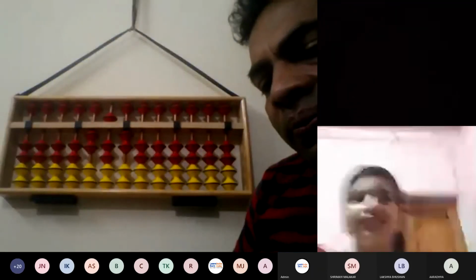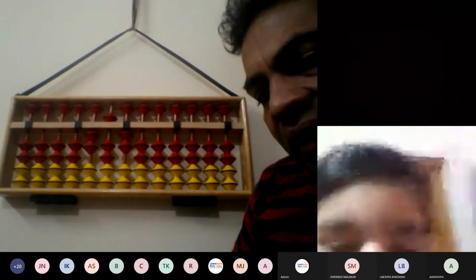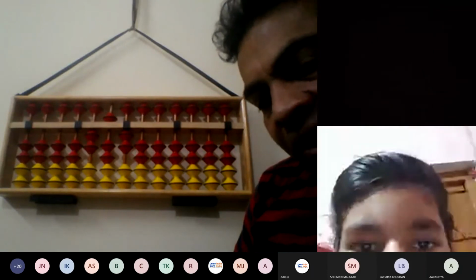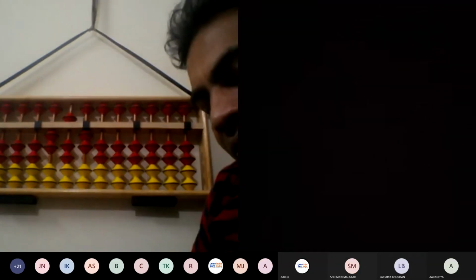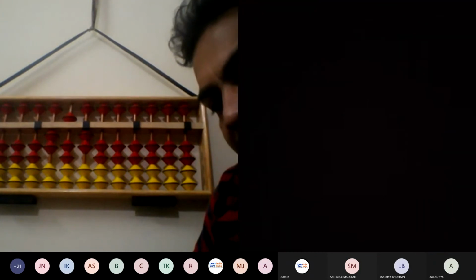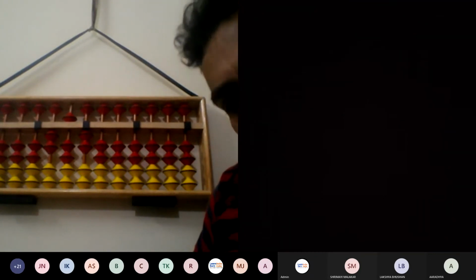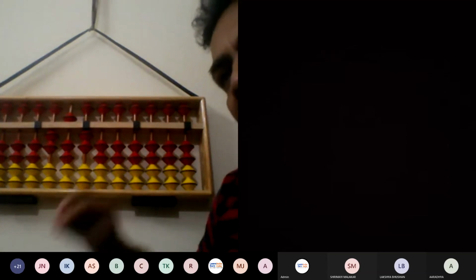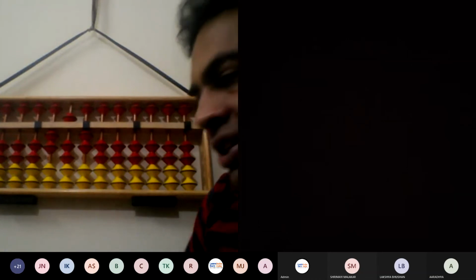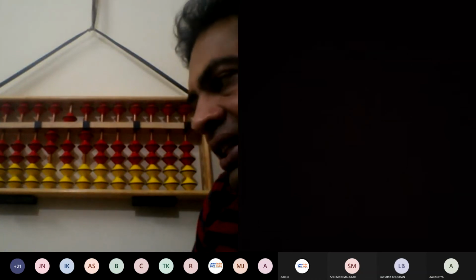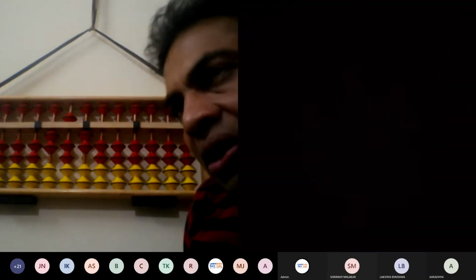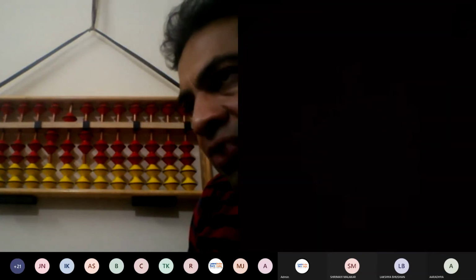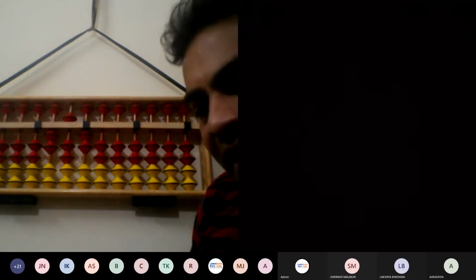To multiply by 7, we have to half the number and add double to that. Only multiply by 7 is a little lengthier process. Otherwise, all the other formulas are very easy.